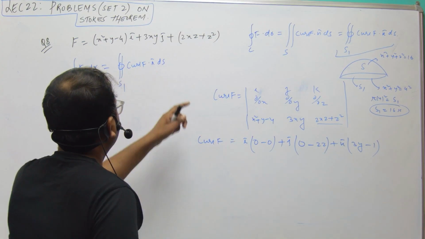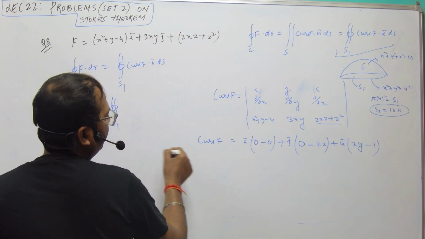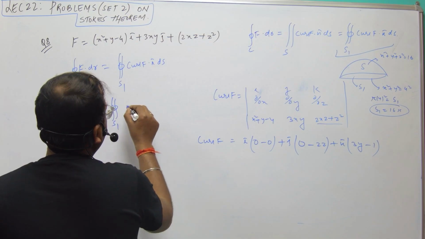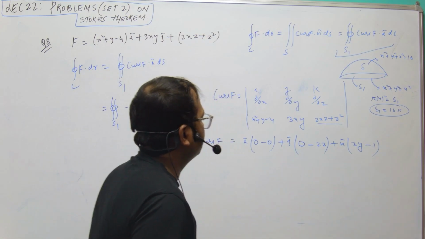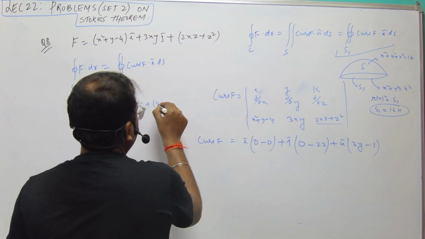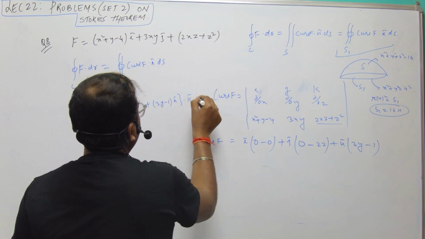Okay, so from here we have this along the surface S1, and curl of F is this one, minus 2z I cap plus (3y minus 1) k cap, dot k cap into dS.